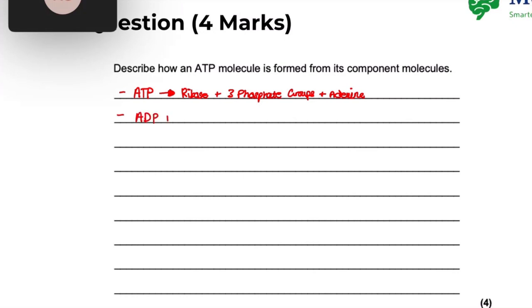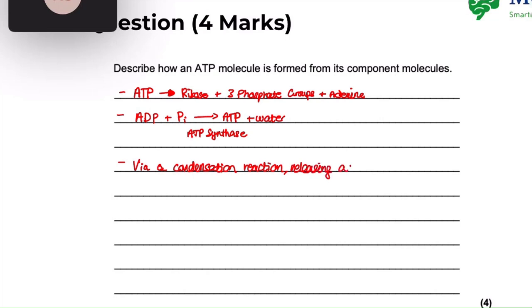ADP reacts with a phosphate to produce ATP and water. This is through ATP synthase via, and remember in the other mark scheme we saw that it was a condensation reaction. So via a condensation reaction, releasing a molecule of water.